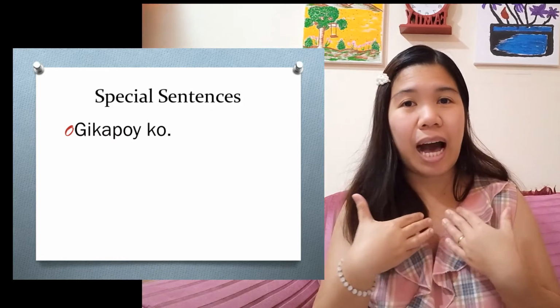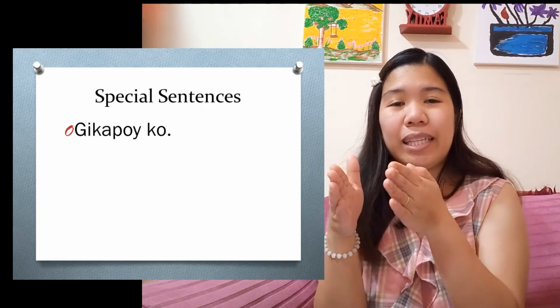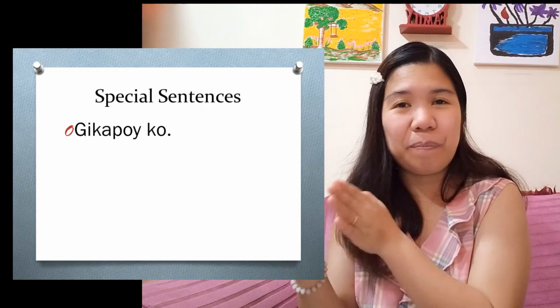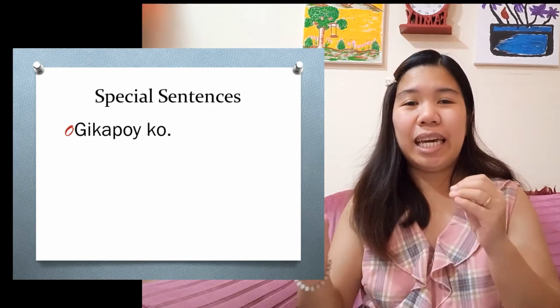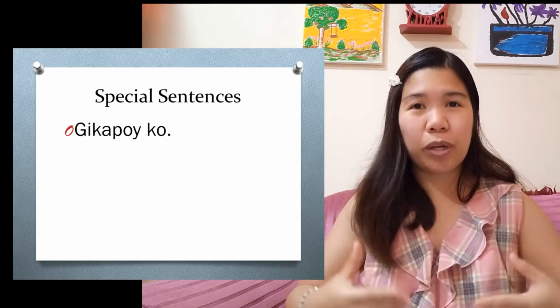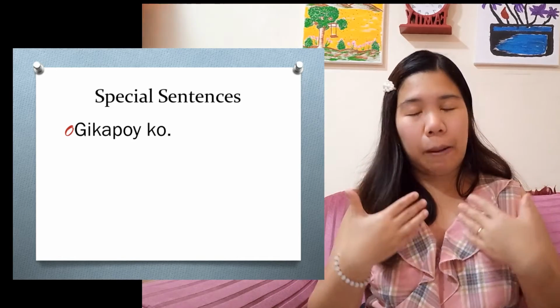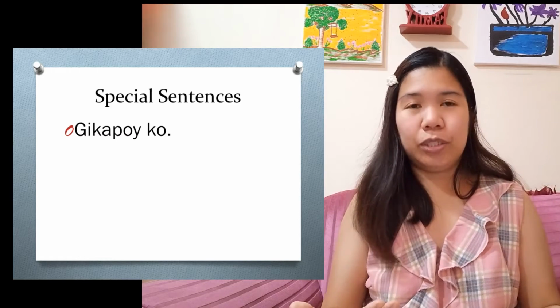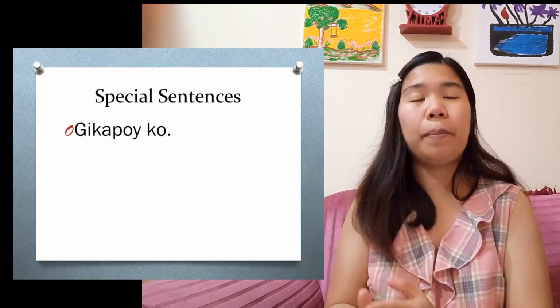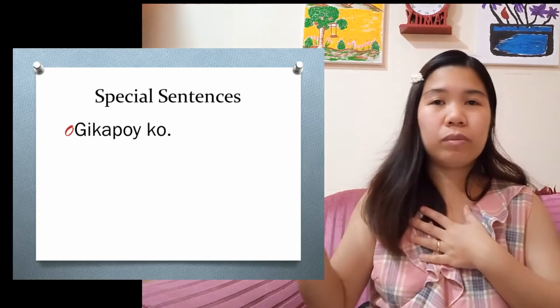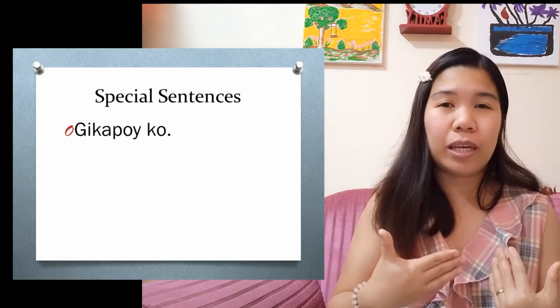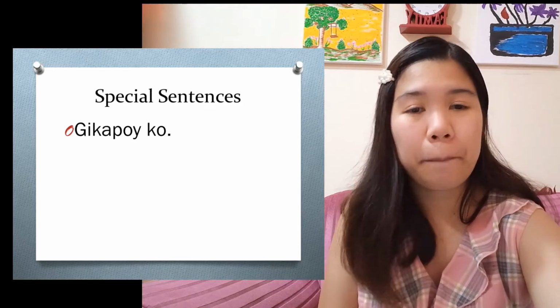Ko means I. And then if you add gi in the beginning of the word, it shows what you are feeling or your state of being right now. Gikapoy ko, I am tired. Okay, again, adding gi to some words would tell what you feel or your state of being.